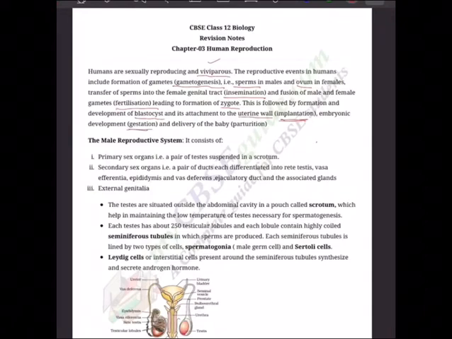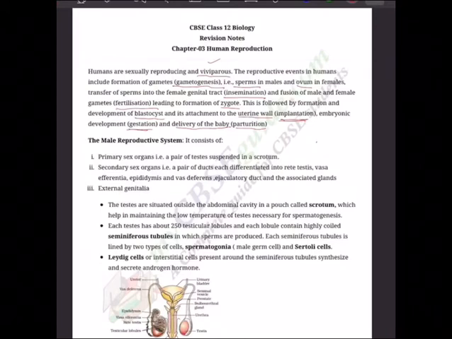And finally, once it is around 9 months roughly, the baby will be delivered, and that is parturition. So you can see so many technical words have come within one paragraph. Gametogenesis, insemination, fertilization, implantation, gestation, parturition. So this is why we say we should revise the notes.